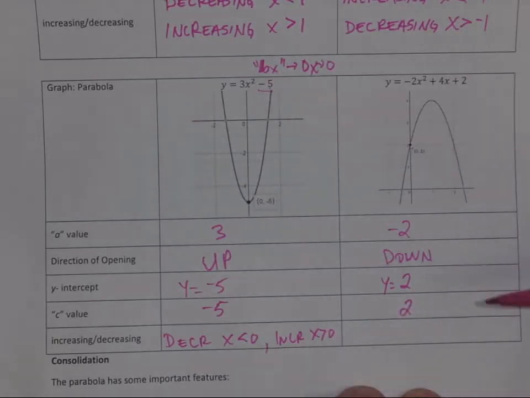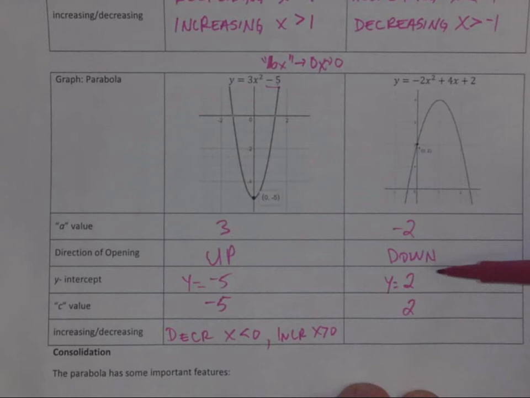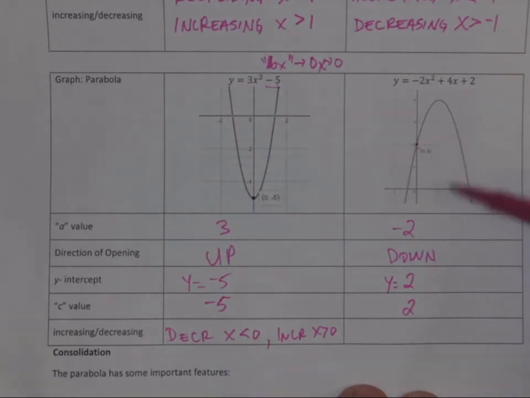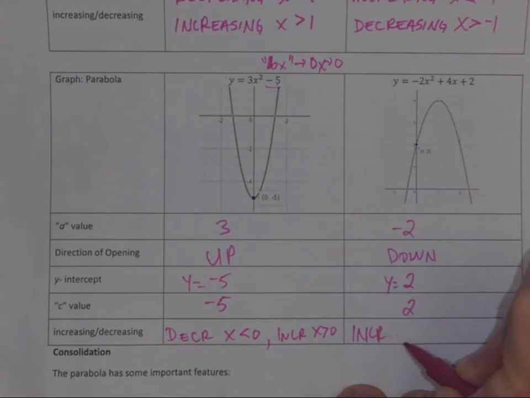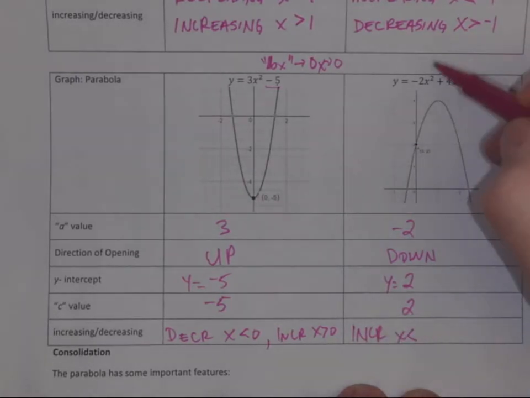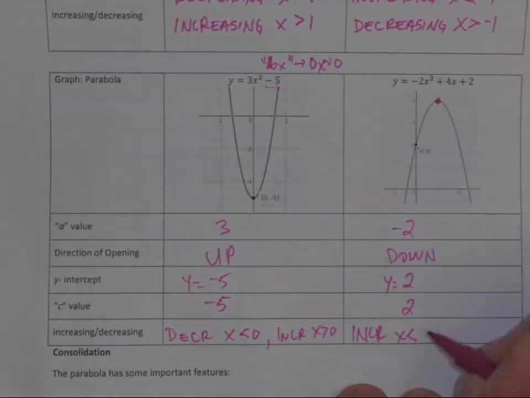Hey, every time they've matched up, we can probably write that in stone. Increasing and decreasing from left to right, it's going uphill. So it's increasing when x is less than that middle point, 1. And then after that, it is decreasing when x is greater than 1.